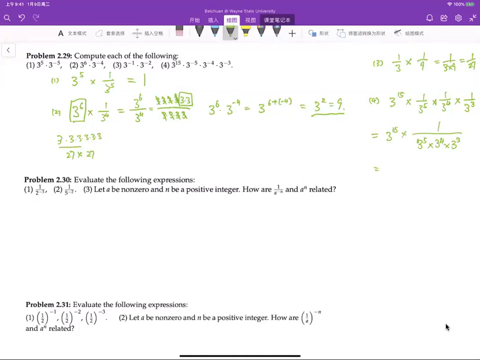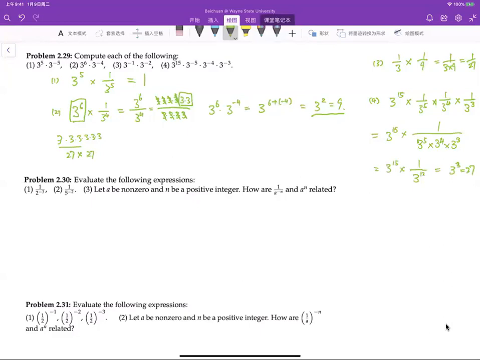So that's equal to 1 over 3 to the power of 12. Okay, good. And then the end result is 3 to the power of 3, because they cancel, so we'll have 3 cubed. So basically that's 27. All right, good.